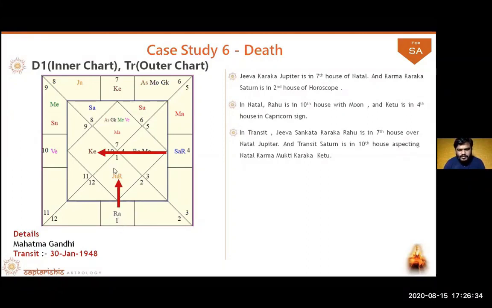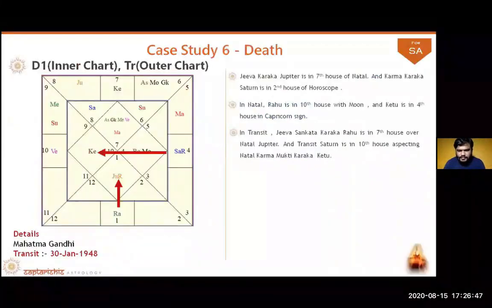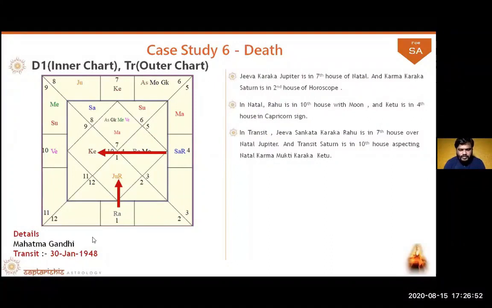Rahu is transiting over natal Jupiter and transit Saturn is aspecting the natal Ketu. Again, rule 1 and rule 2 are fulfilled, and in that same year and the same transit duration, the death of Mahatma Gandhi takes place.